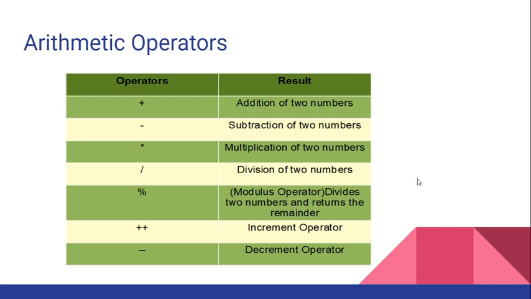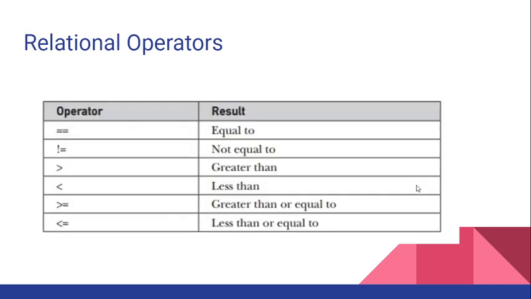Next we go to the relational operators. Relational operators are used to explain the relation between any two operands. These relational operators return true or false values, Boolean values, as I told you in the data types video. I had explained about data types, and boolean was one of them.